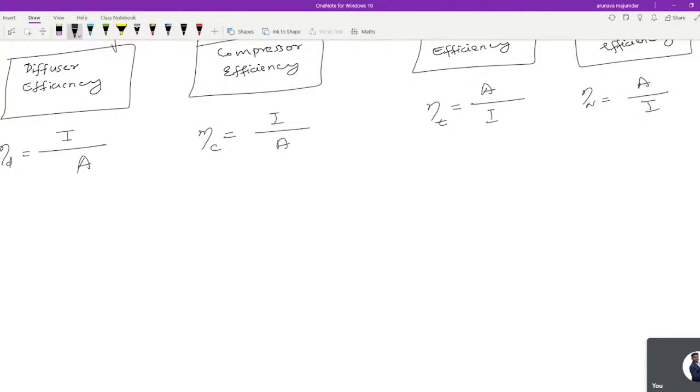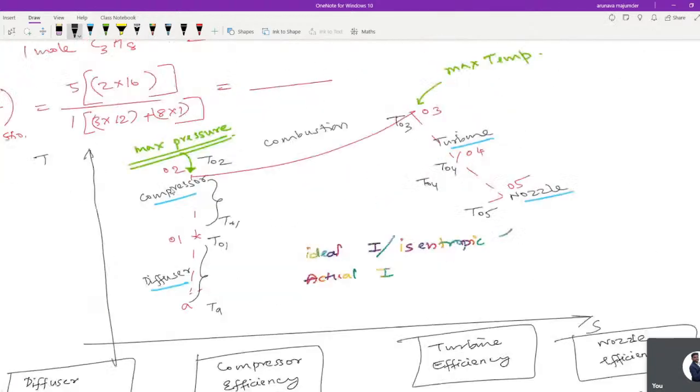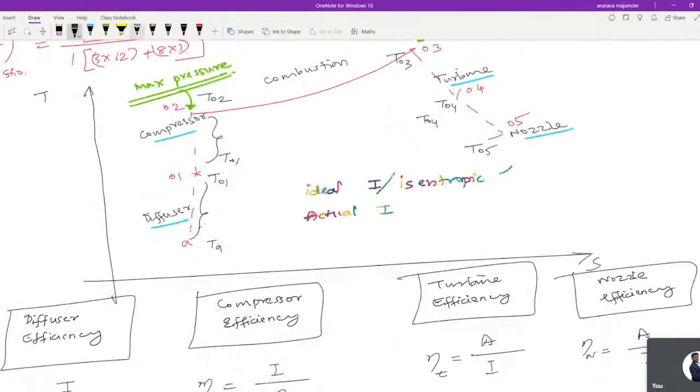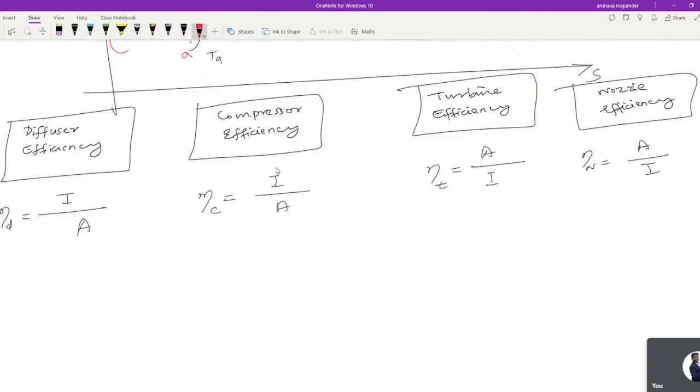I hope it is quite easy to remember. The first half of the efficiencies we relate with I by A, and the rest with A by I. Now you can easily frame it by yourself. How? As I said, the change in temperature, ideal. Which is the highest one?